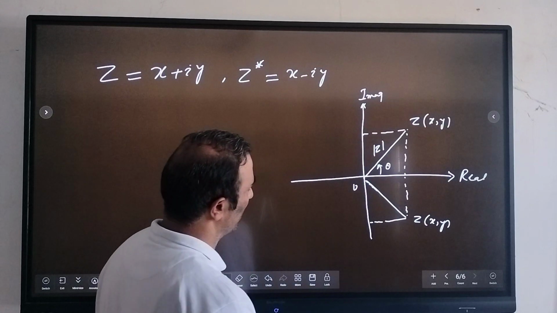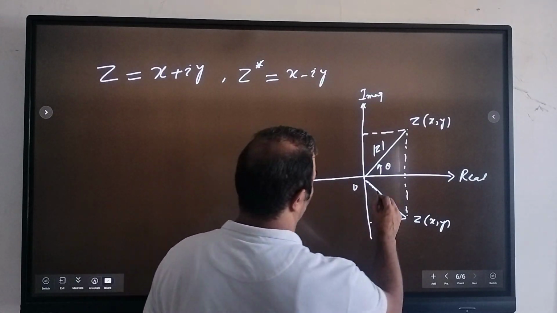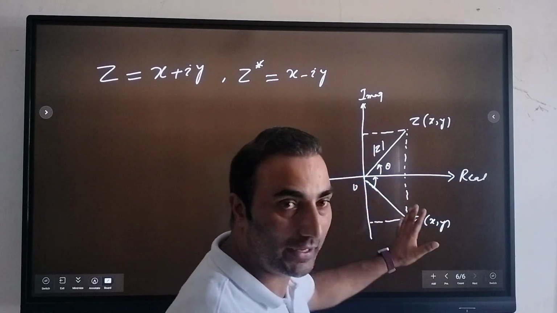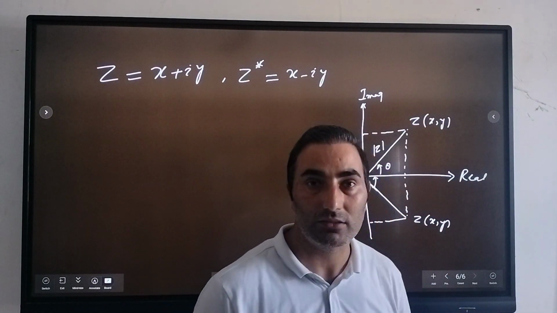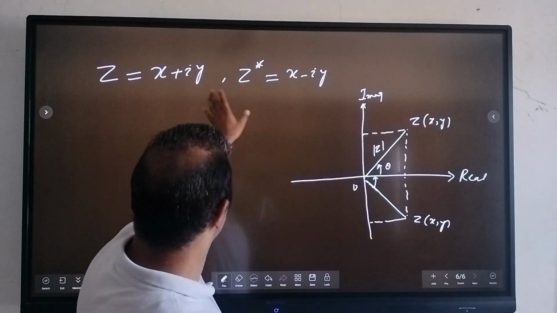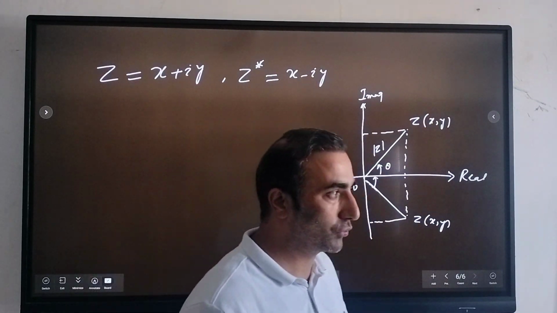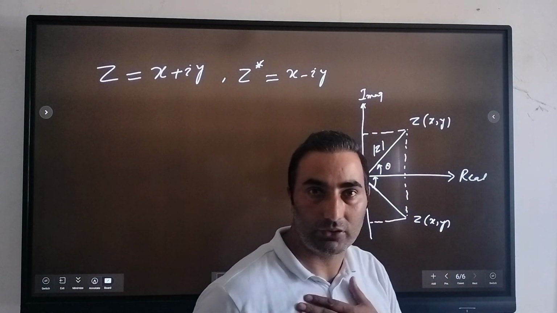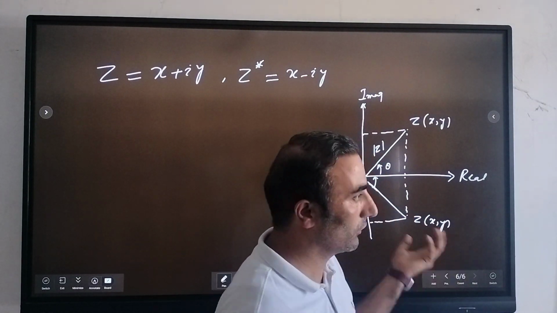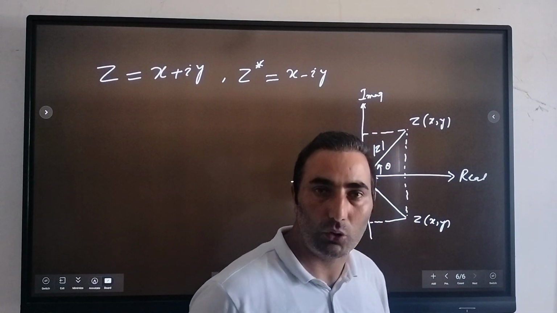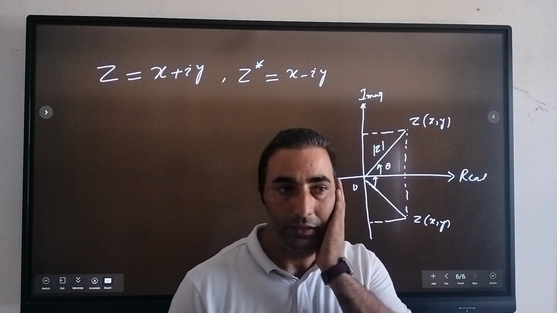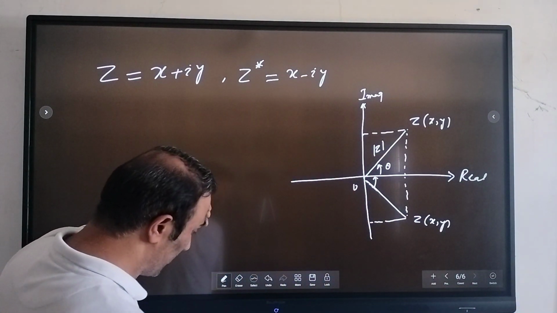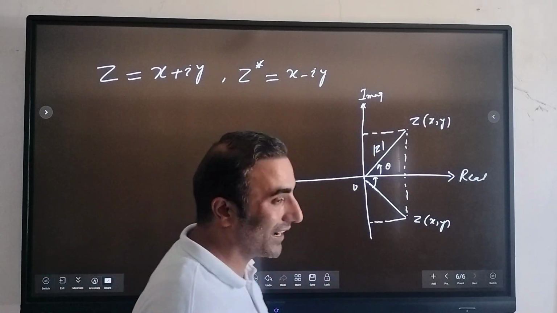So z star will lie in the fourth quadrant of this complex plane, because it's very clear that z lies in the first. But it's not necessary. There may be some complex numbers which lie in different quadrants, depending upon the value of that number, like minus x minus iota y. That's also a complex number. And we can also prove some of the identities.